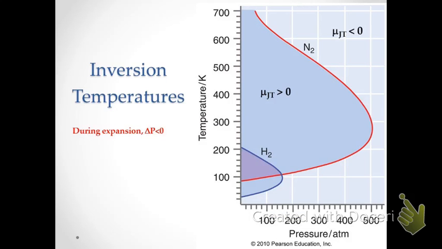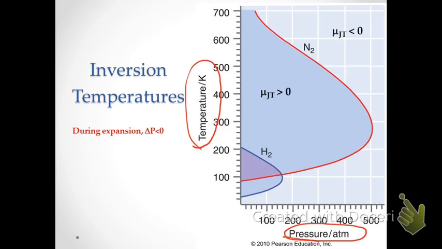So here we have a graph for molecular nitrogen that shows the Joule-Thomson coefficient at different temperatures, with temperature plotted along the vertical axis, and pressures.